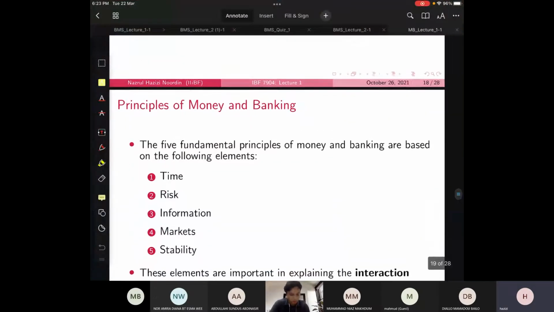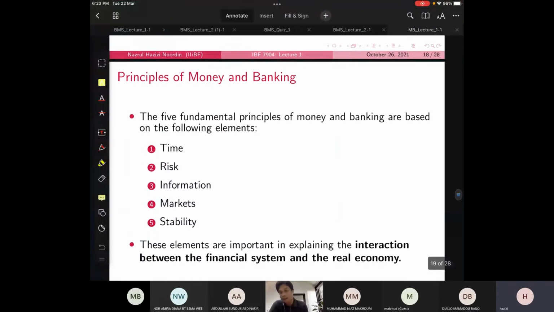I was supposed to finish lecture number 1 last week, but we didn't get enough time. So I'm going to continue with the second part of the first lecture, where we look at several principles of money and banking.